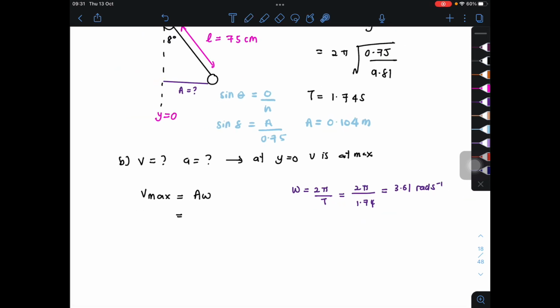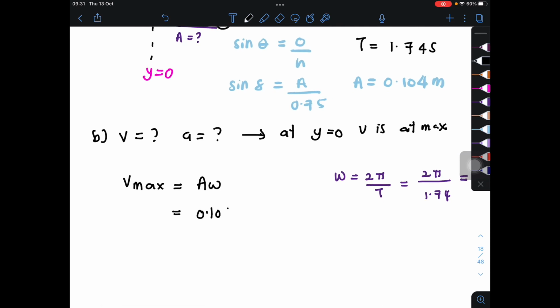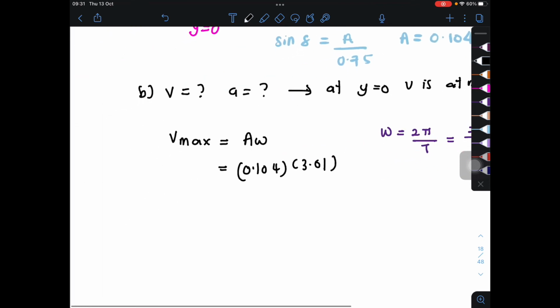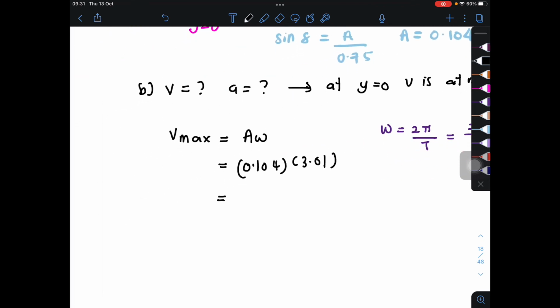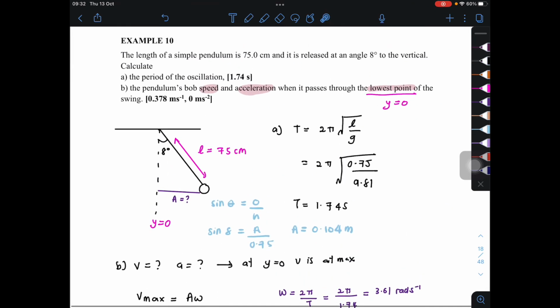So we can substitute the amplitude value 0.104 and omega 3.61. So the maximum velocity is equal to 0.375 meter per second. And then acceleration is equal to 0 when y is equal to 0. So this is for example 10.